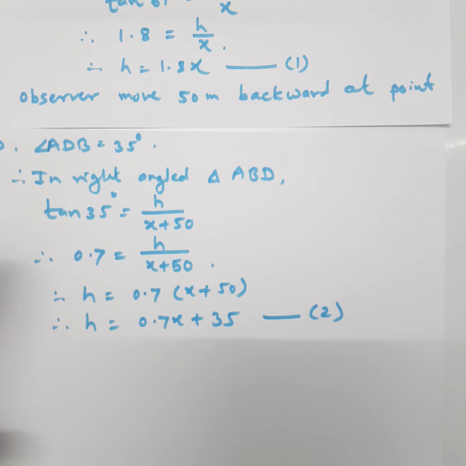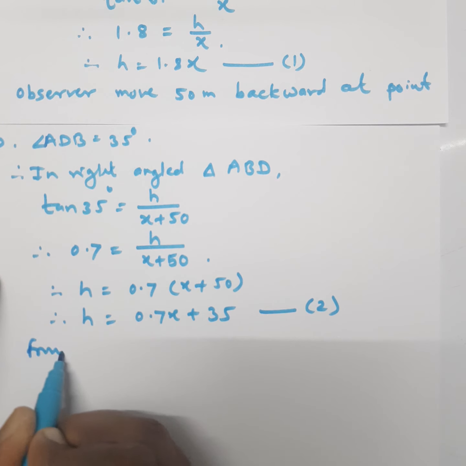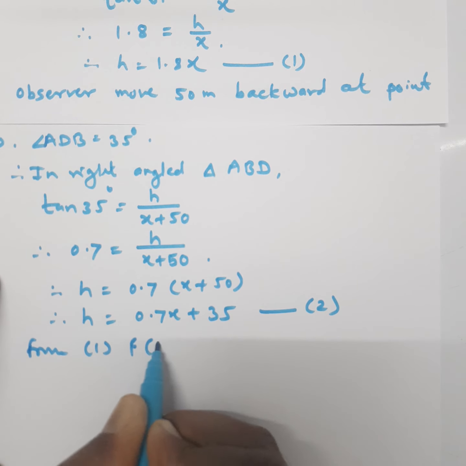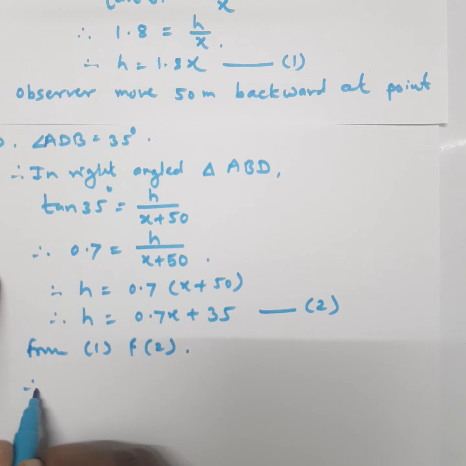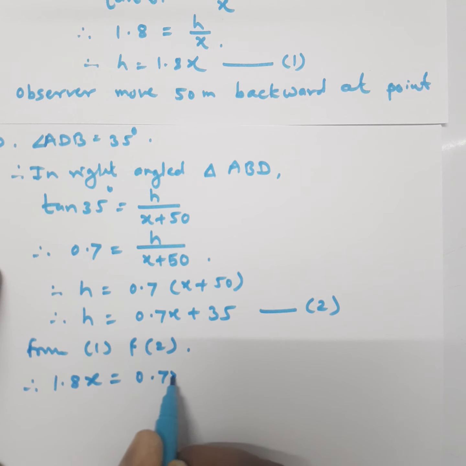We obtain two values of h. Therefore if we compare the two equations, 1 and 2, both values are of h. Therefore 1.8x is equal to 0.7x plus 35.